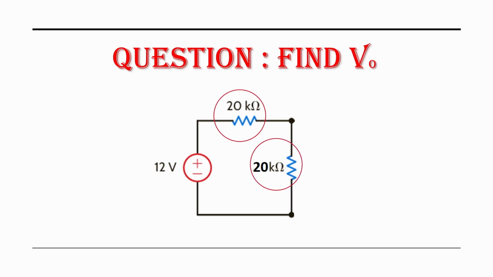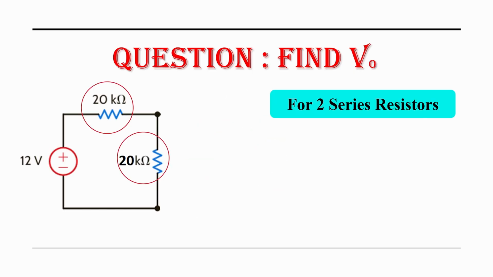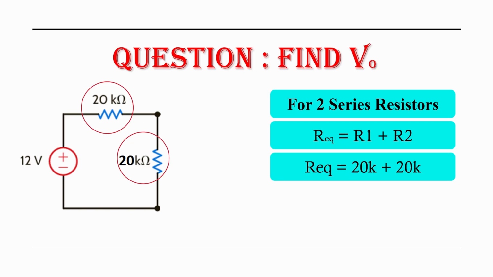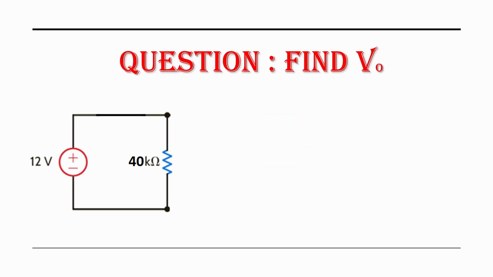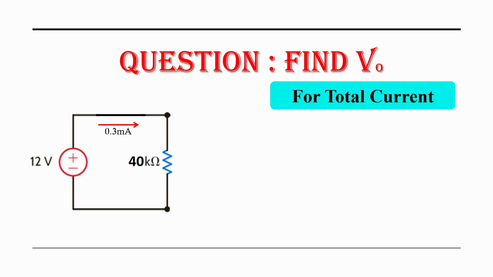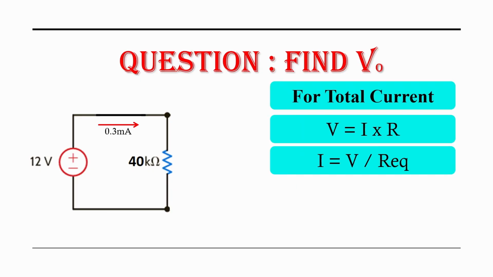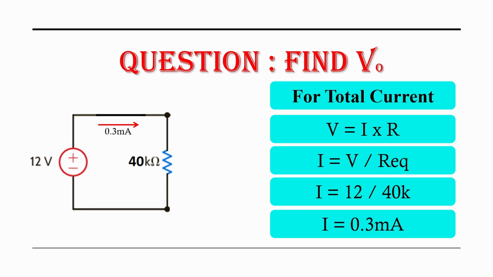As we continue simplifying, we add the remaining resistors in series to find the total resistance of the entire circuit, which comes out to be 40K ohms. Now, we can use Ohm's law to find the total current. By dividing the 12V source by the total resistance of 40K ohms, we find that the total current is 0.3 milliamperes.